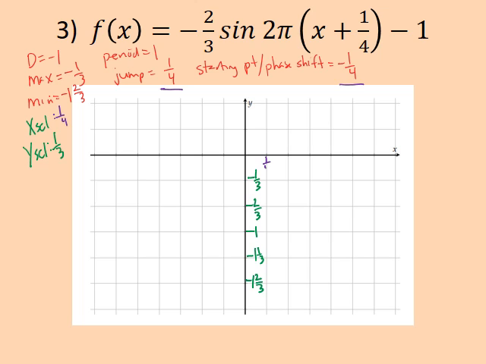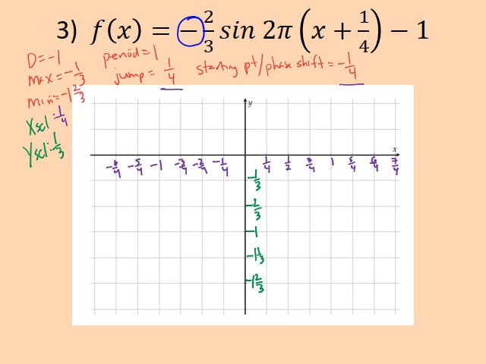So we have 1/4, 1/2, 3/4, 1, 5/4, 6/4, 7/4. And then we have negative a fourth, negative 2/4, negative 3/4, negative 1, negative 5/4, negative 6/4.